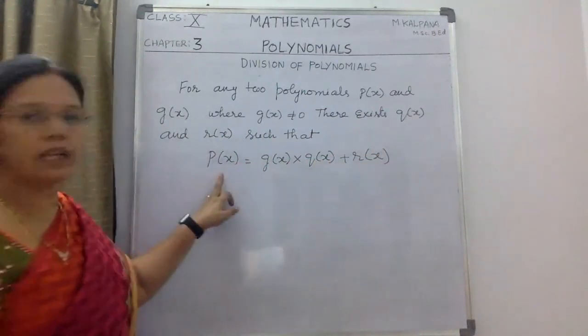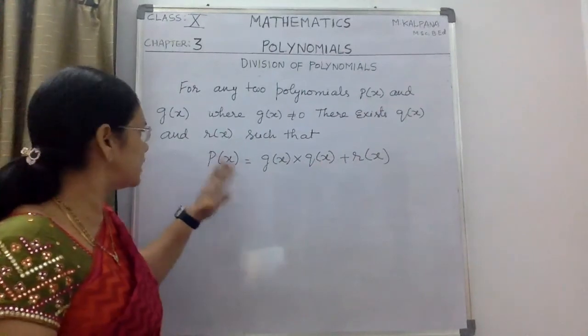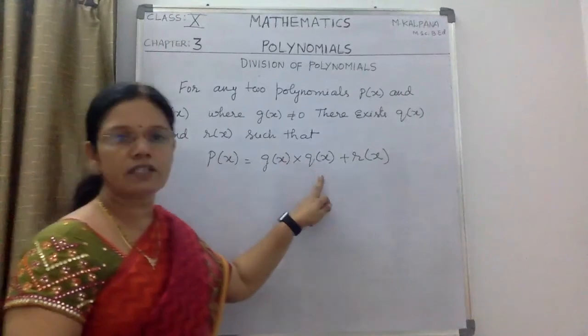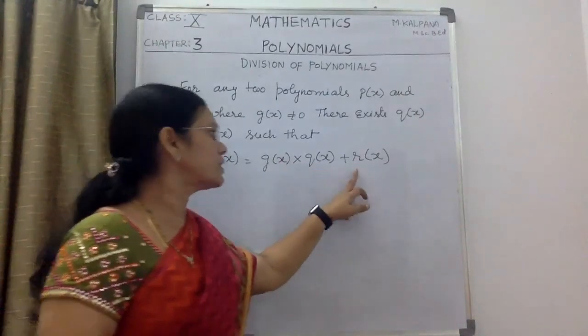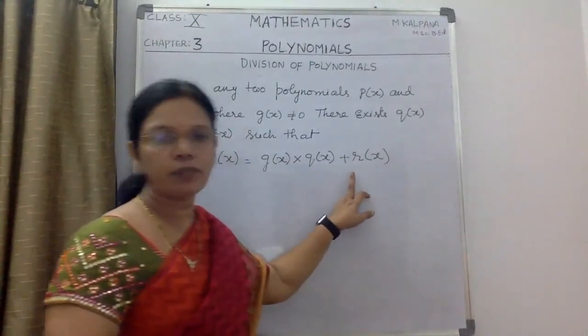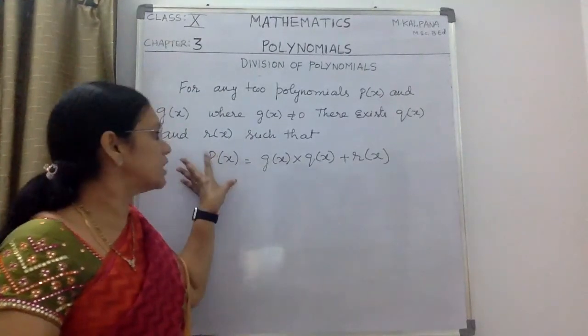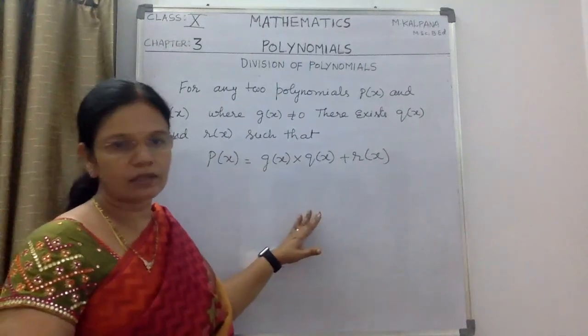Nothing new here, children. P of x is a dividend here, G of x is a divisor, Q of x is a quotient, and R of x is a remainder. The same previous thing that we have taken in case of numbers, now we have written in the form of polynomials. That's it.